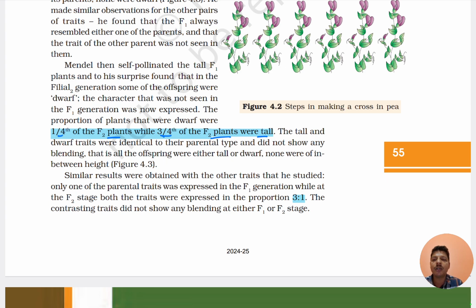The tall and dwarf traits were identical to their parent type, and did not show any blending. Blending means mixing. All the offspring were either tall or dwarf. Remember, none of them were in between the height. Similarly, we obtained the same result with the other traits Mendel studied, and the proportion was 3:1.